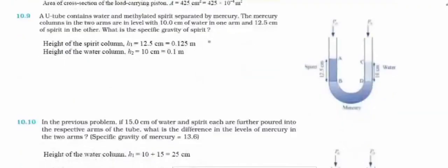Then next, question 9. A U tube contains water and methylated spirit separated by mercury. The heights of the mercury columns in the two arms are in level. Mercury is in level there, at B and D, in the same level.